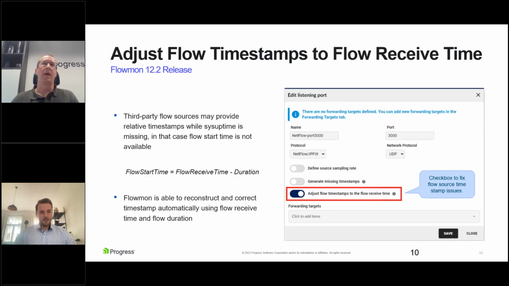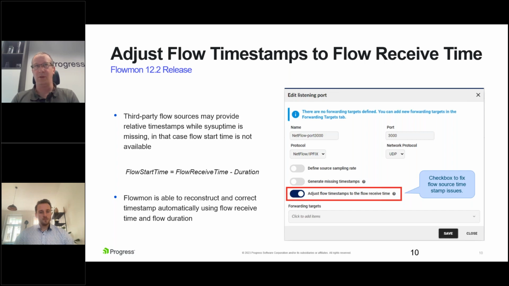Let's move on. So the next capability is about correcting timestamps. We have seen that not all flow sources actually provide flow data according to RFCs. In case your flow source does not provide system uptime, you have no way to understand the relative timestamps.